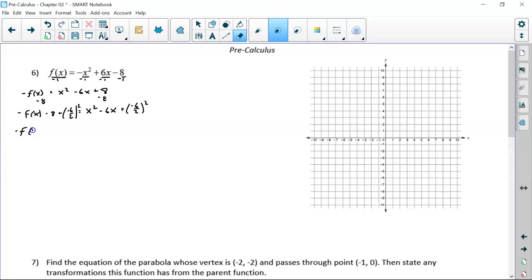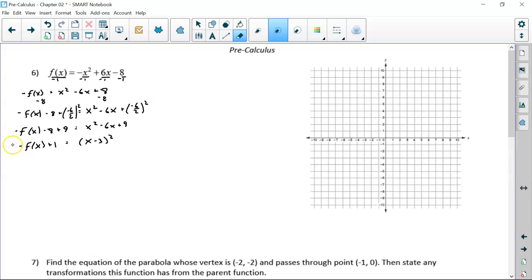So negative f of x minus 8, negative 6 divided by 2 is negative 3, squared is going to be a positive 9, equals x squared minus 6x plus 9. So we have negative f of x plus 1 equals. And when we factor, we get x minus 3 squared.